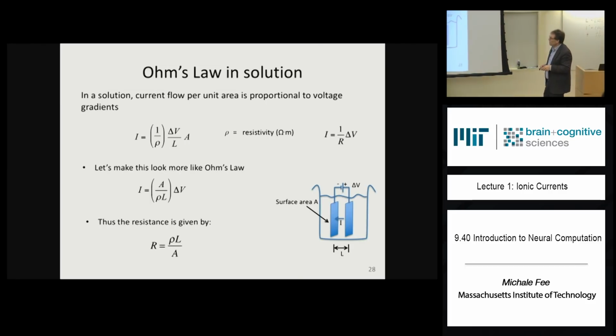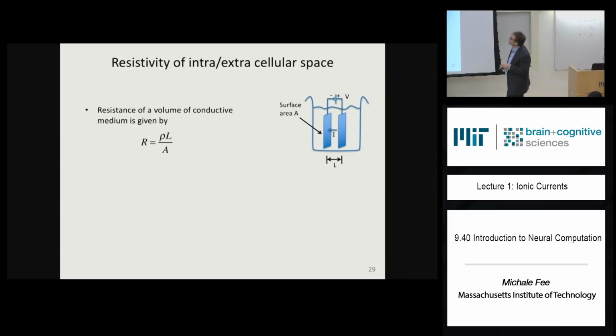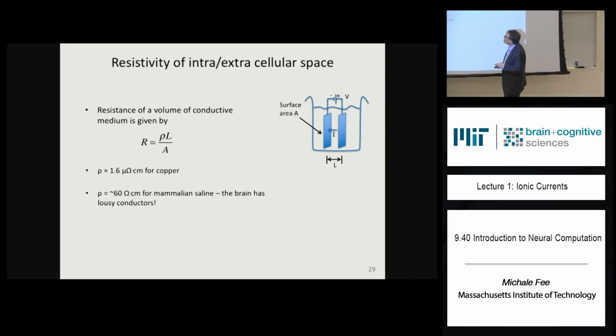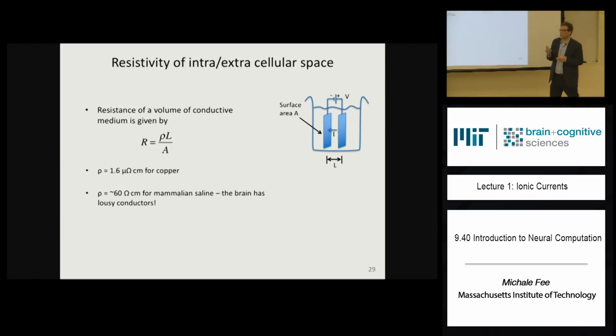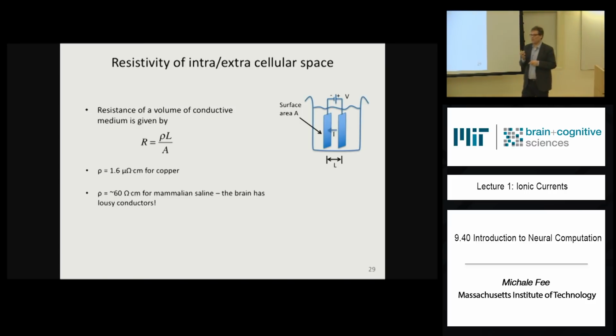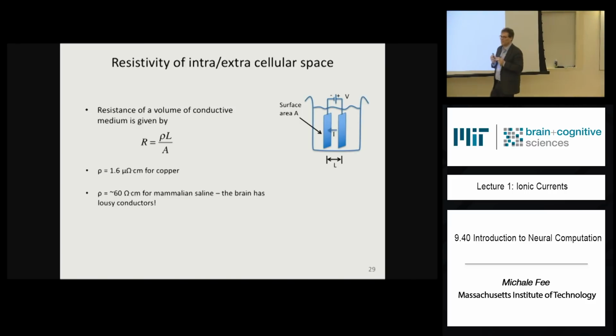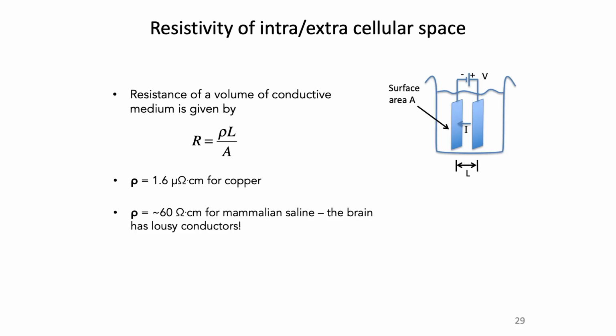Okay, now let's talk for a minute about resistivity. So resistivity in the brain is really, really lousy. The wires of the brain are just awful. If you look at the resistivity for copper, which is the wire that's used in electronics, the resistivity is 1.6 microohm centimeters.